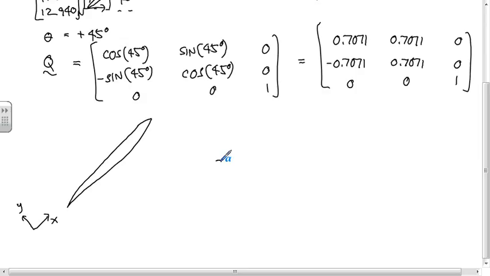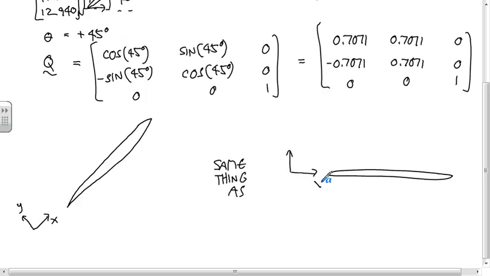And that's the same thing as lying it flat with a coordinate system like this. Those are the same. We only care about the math, the relationship between the coordinate system and the vectors. So we can draw it however we want as long as the orientation between the coordinate system and the beam is the same.